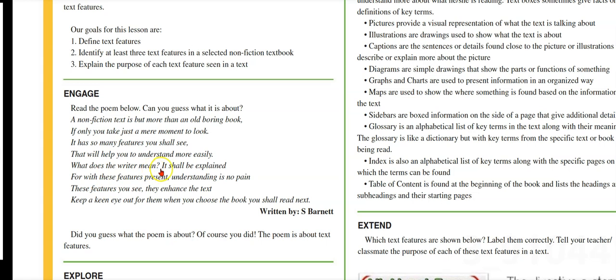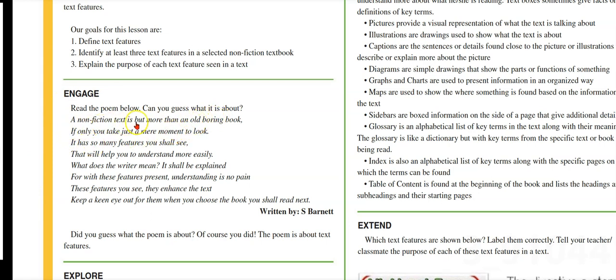What does the writer mean? It shall be explained. For with these features present, understanding is no pain. These features you see, they enhance the text. Keep a keen eye out for them when you choose the book you shall read next. So what do you think that poem is about?